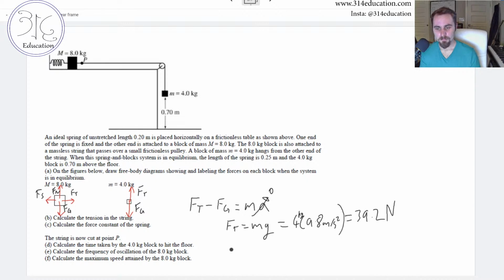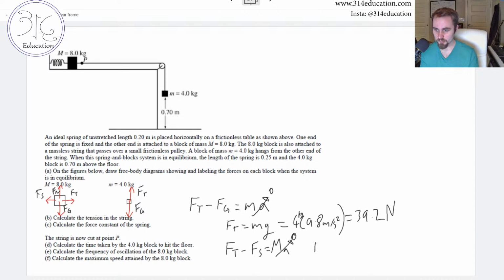So that looks better. Next, we want to find the force constant of the spring. And this is pretty good because now we know the tension. And if we're again at equilibrium, we expect the spring force to equal the tension force. So that would look like Ft minus Ff equals big M times A. But once again, our acceleration goes to 0.